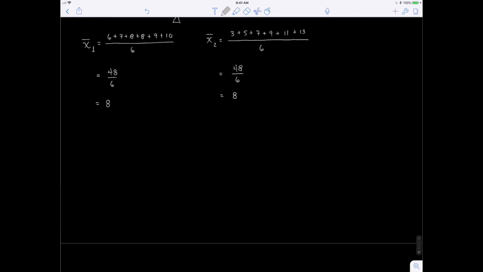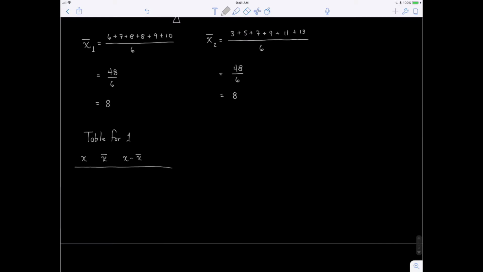So we'll do a table for data set 1. We're going to take the data and the mean, and subtract the two values, x minus x bar. And I'll show you why.